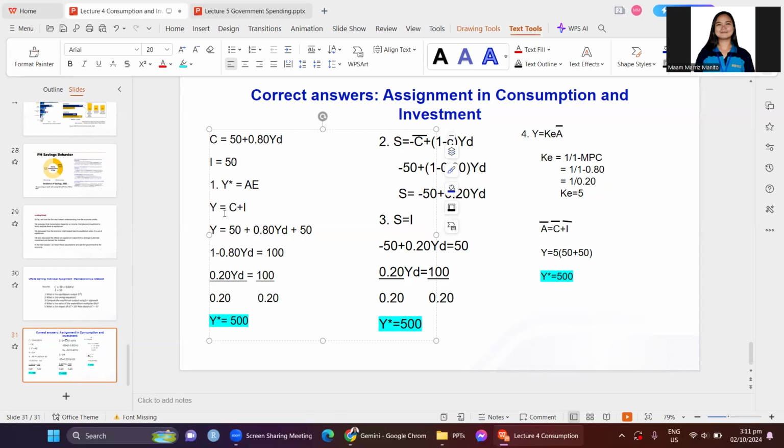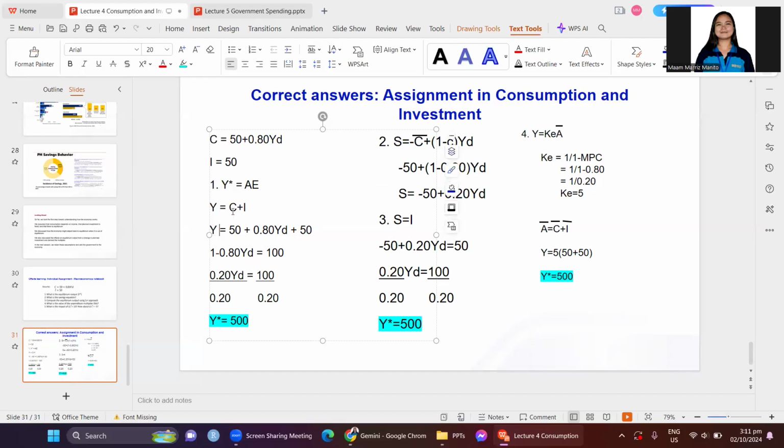So Y equals C plus I. The Y here, we did not denote any value to, but that is wrong. That is the part we got wrong. It should be equivalent to 1. So this Y here is equivalent to 1. That's why you can see 1 here.